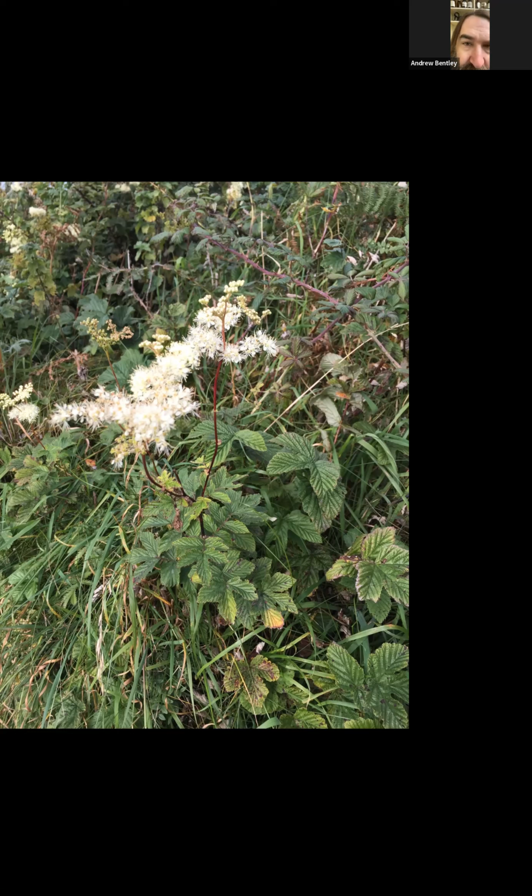So meadowsweet is in the rose family. There's a blackberry plant growing behind it in this one. It's in the rose family, but it's a little bit of a different looking type of plant.